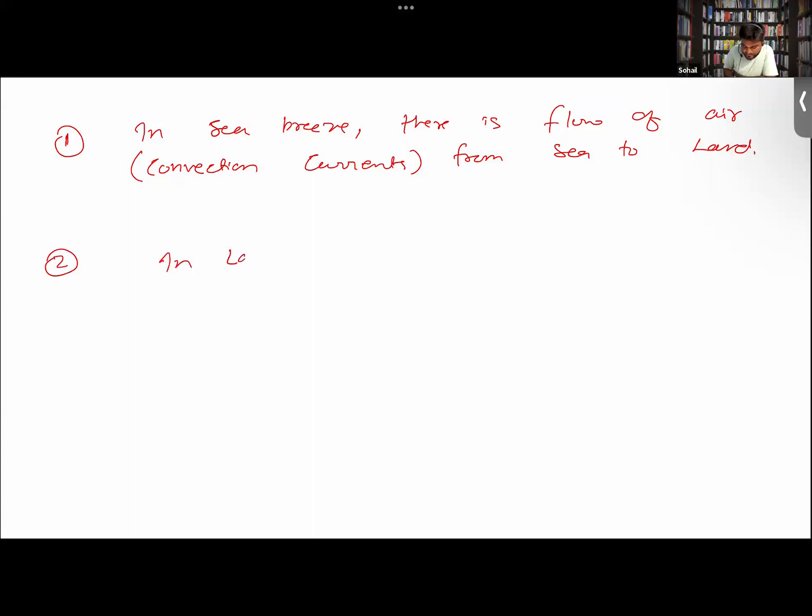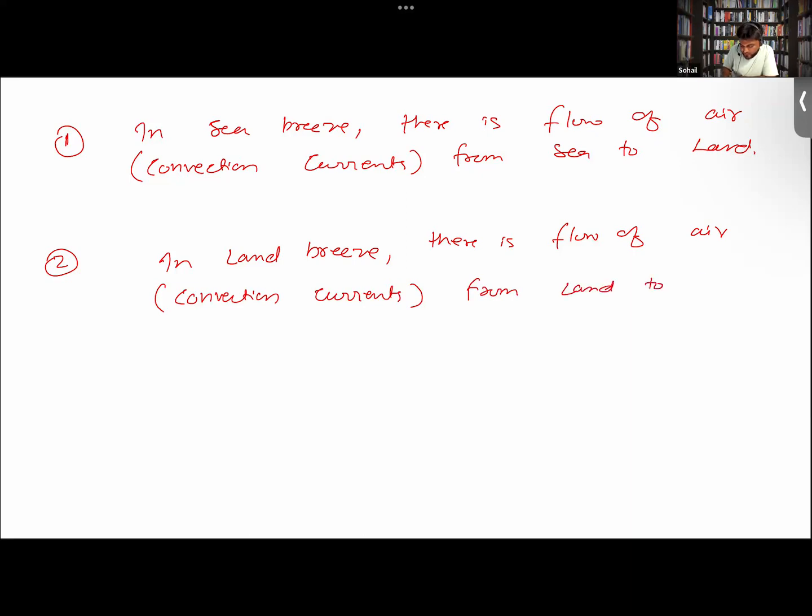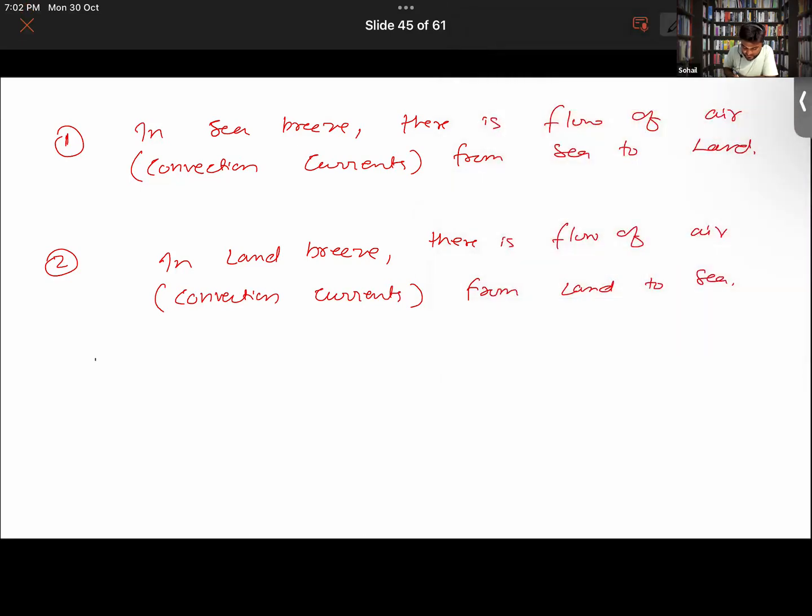And in a land breeze, there is flow of air or convection currents from land to sea. Hope you guys are able to understand my handwriting.